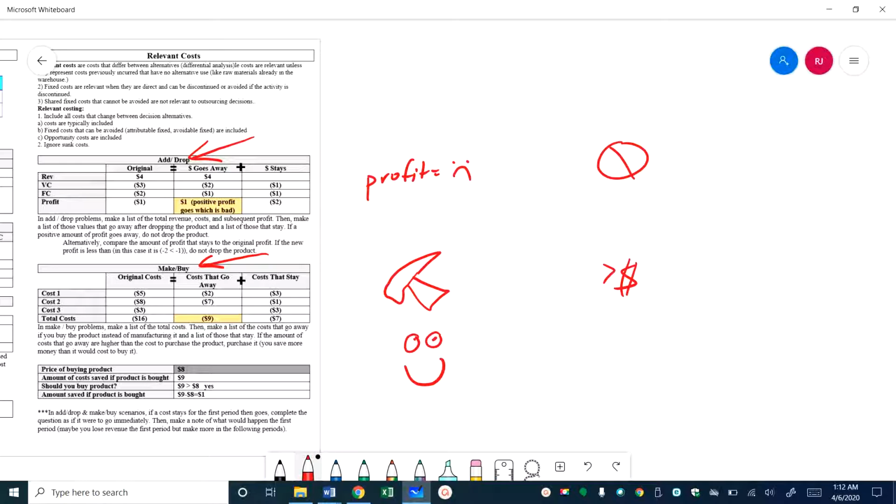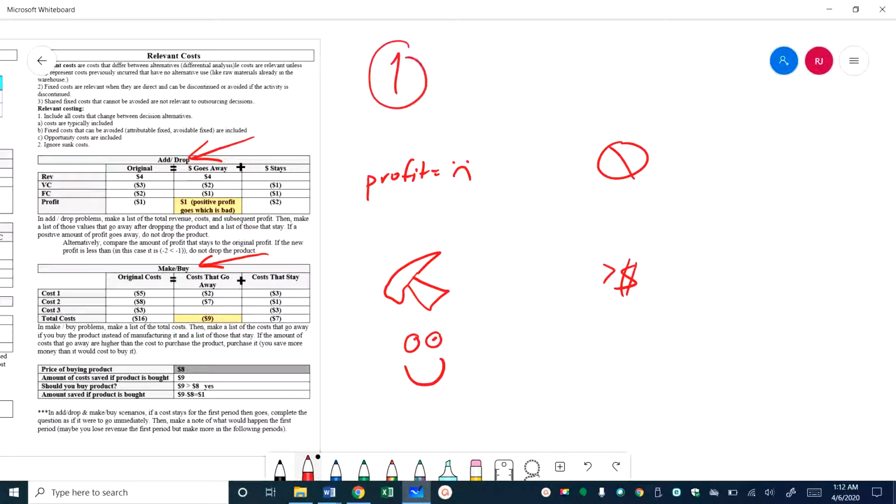So say you sell bracelets for $6 and the rent that you make those bracelets in for the factory is $7. So if you stop making the bracelets, you're going to lose all $6 of your revenue. However, you're going to keep $7 of your costs. So even though you're initially making a negative profit, if you stop making the bracelets, you're going to lose even more money.